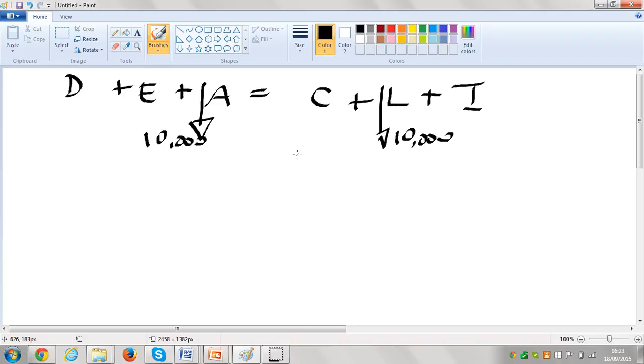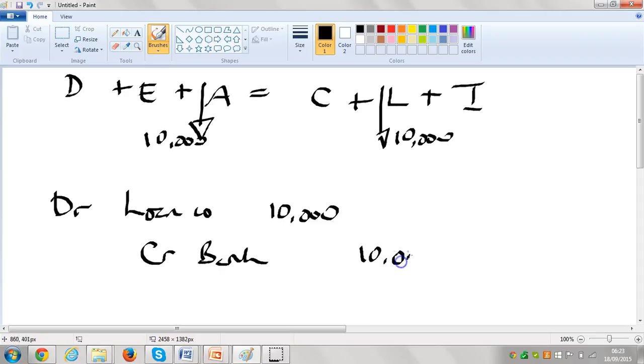It's a logic game, playing with an equation. Because this has come down, we credit this side, and because this has come down, we debit this side. We always start with our debits, so we debit the loan company with £10,000, and we credit the bank with £10,000.